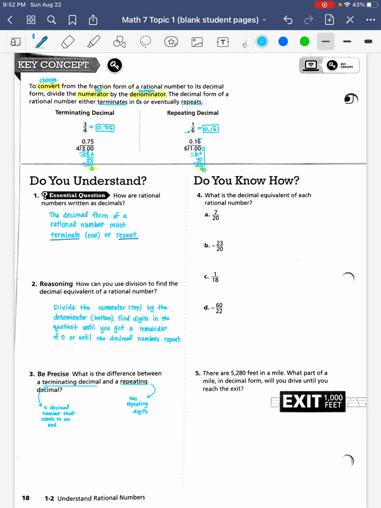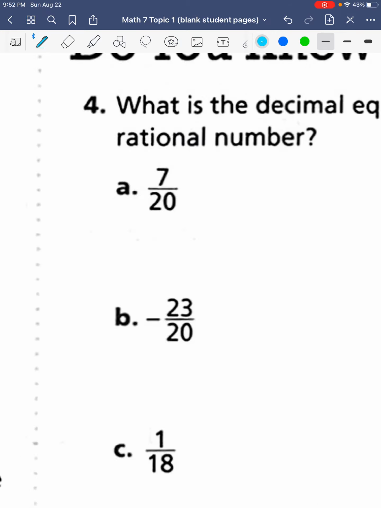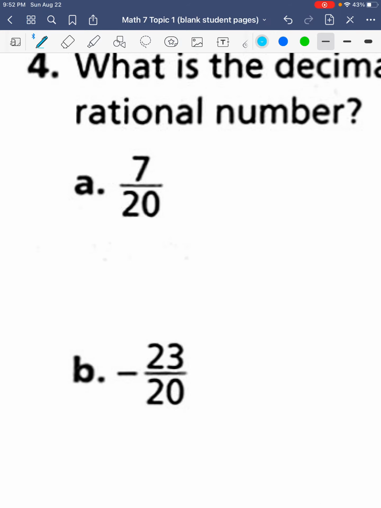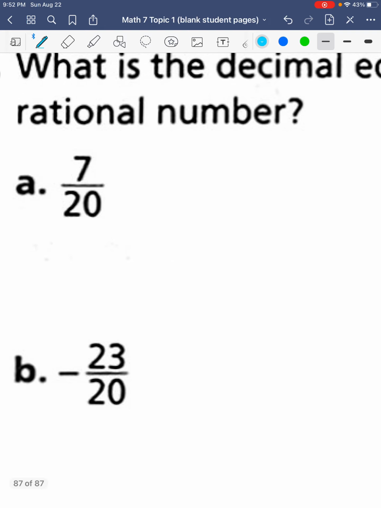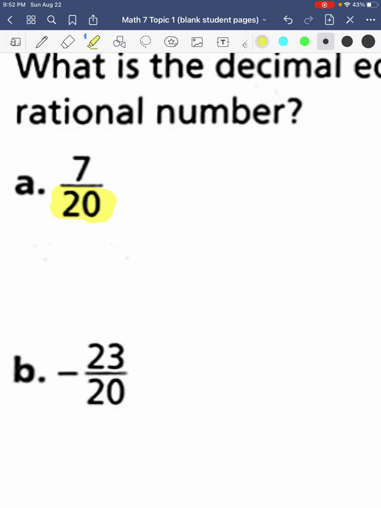Okay, looking at do you know how? Number 4, what is the decimal equivalent of each rational number? So let's start with A. I have 7/20. Well, I cannot reduce that, so I'm going to just start with some long division. Actually, no, I'm not. I'm going to look at my denominator here. Can I get from 20 to 100 easily?